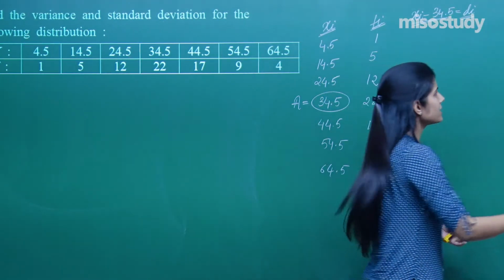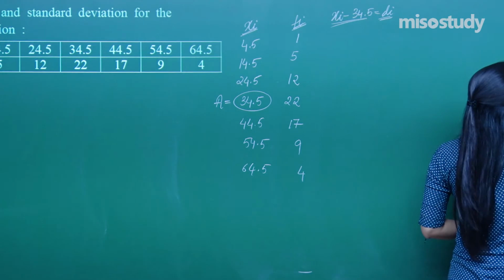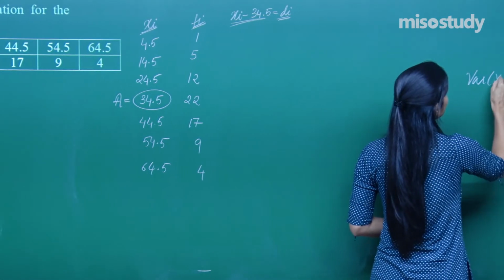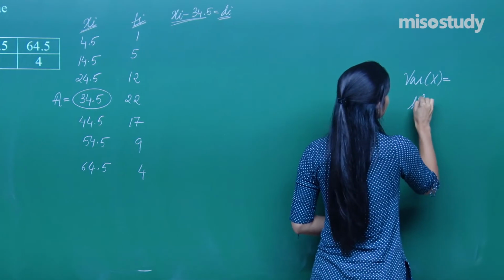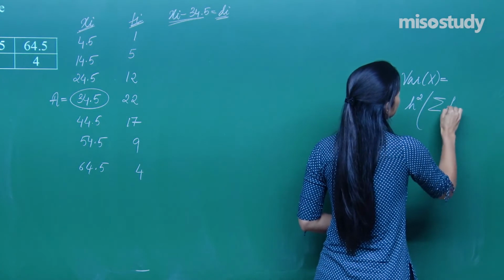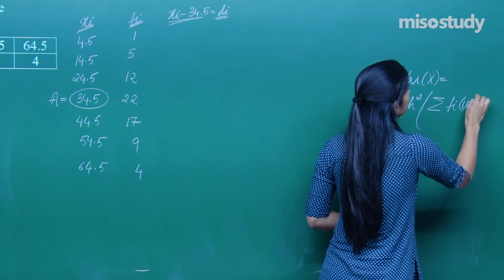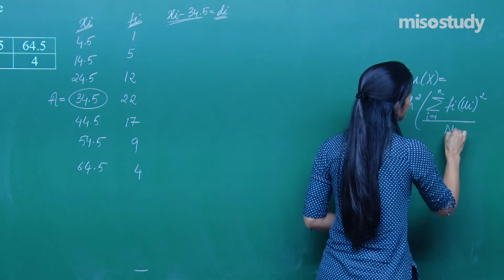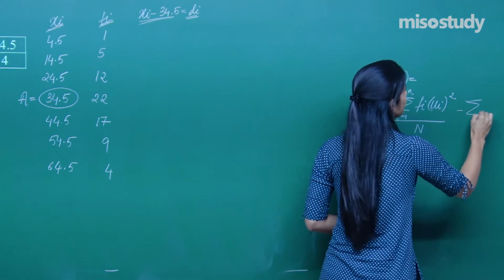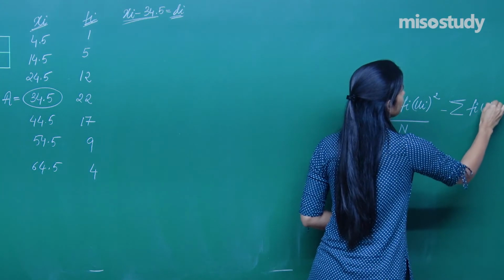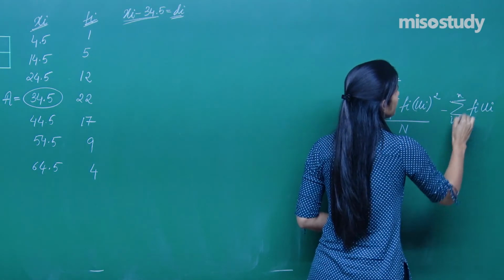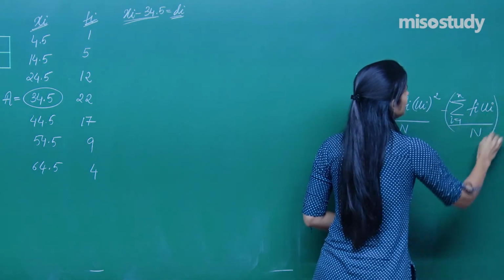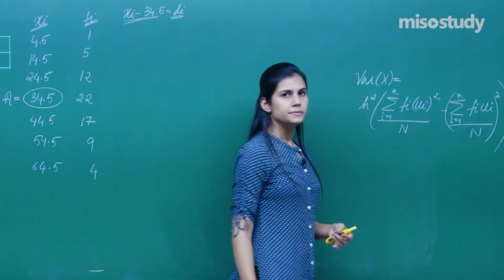Why am I doing this? Because I am interested in calculating the variance by this formula: h square times summation fi ui square, i going from 1 to n, whole upon capital N, minus summation fi ui, i going from 1 to n, whole upon capital N, this thing whole square.